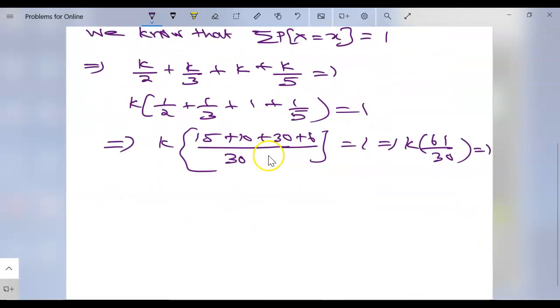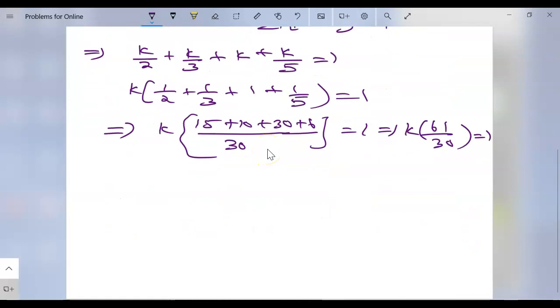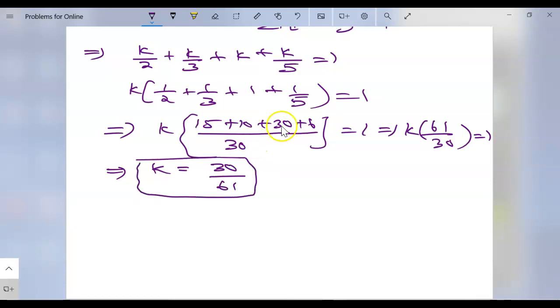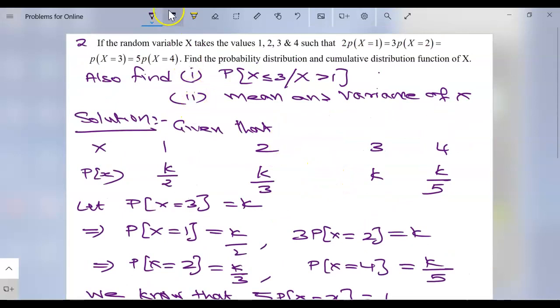I want only the k value. So k value is equal to 30 divided by 61. So this is the k value you are done with. So now substitute, you will get the probability mass function. So what is the probability mass function? This is the one. I have to substitute where I will have a k.